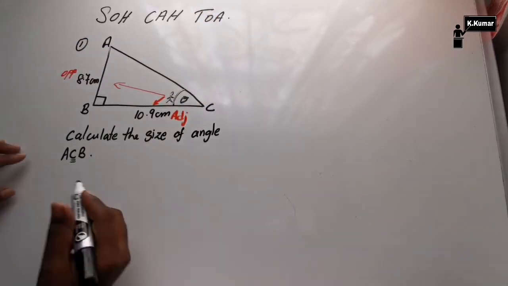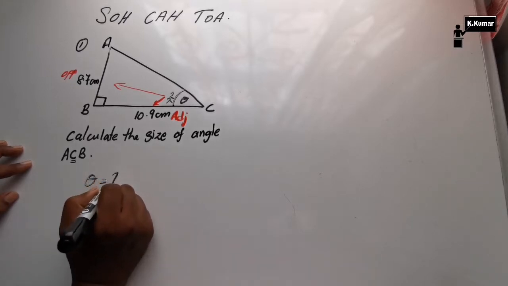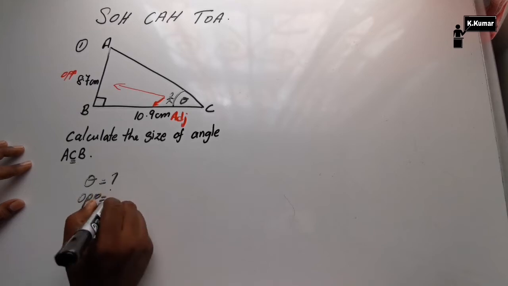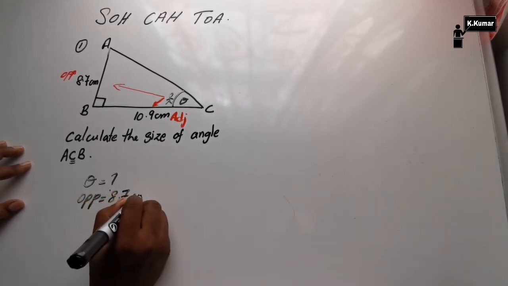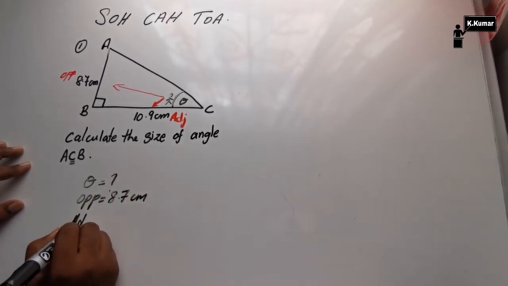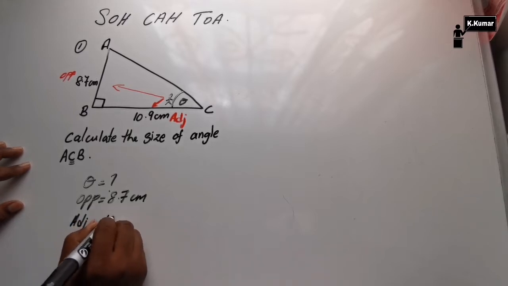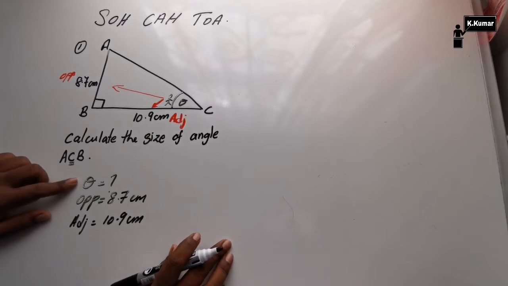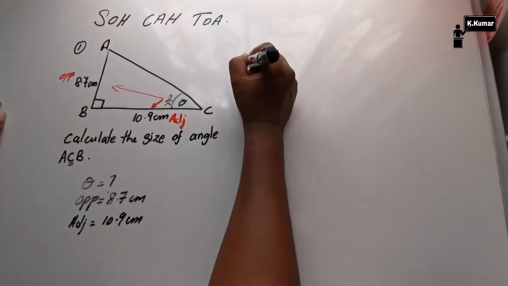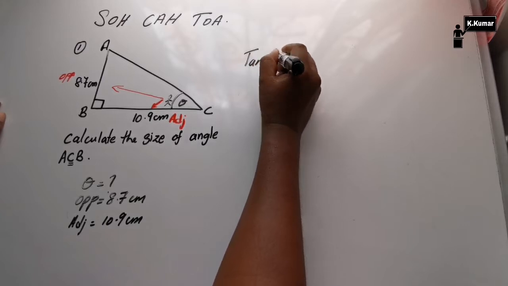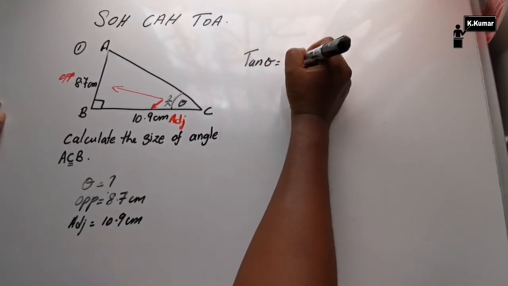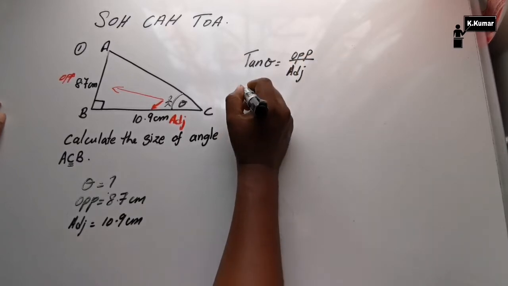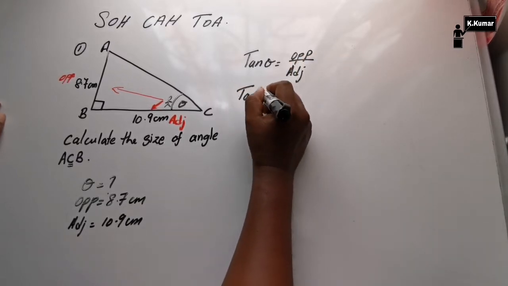So let's write down what we have. Theta, we don't know. Our opposite side is equal to 8.7 cm, and the adjacent side is equal to 10.9 cm. So let's go and find what this angle is. Tan theta is equal to opposite over adjacent.